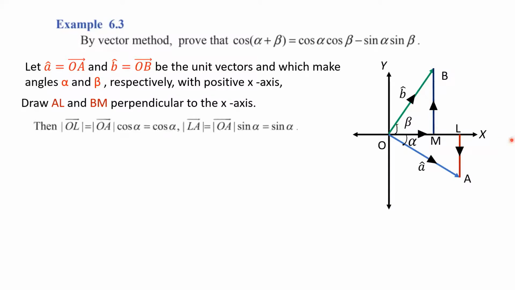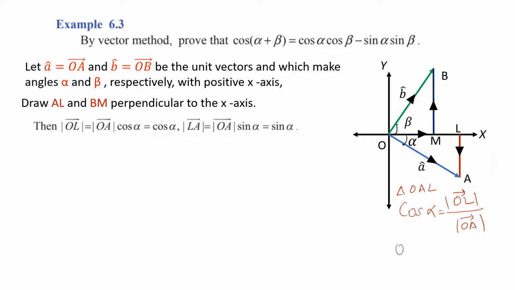Now, you will notice we can define OL as OA into cos alpha. How can we prove that? If this is a right angle triangle, triangle OAL, and alpha is the angle for which we need to find the cos, so cos alpha will be equal to the adjacent side, which is magnitude of OL, over magnitude of OA.